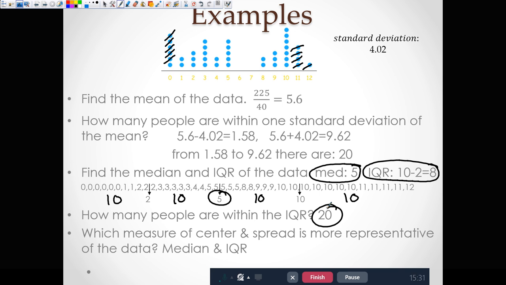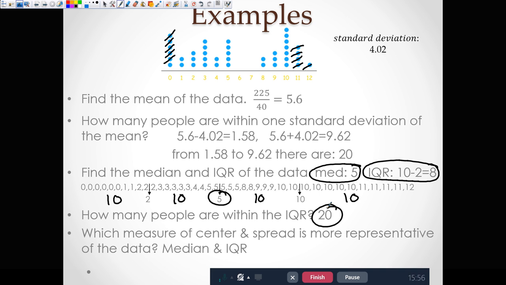So that is here. Are there any points at 5.6? If 5.6 would be rounded, it would be 6, right? Up to a whole number. Are there any data points at 6? No. 5 was our median. Are there data points at 5? Yeah. This is more representative.